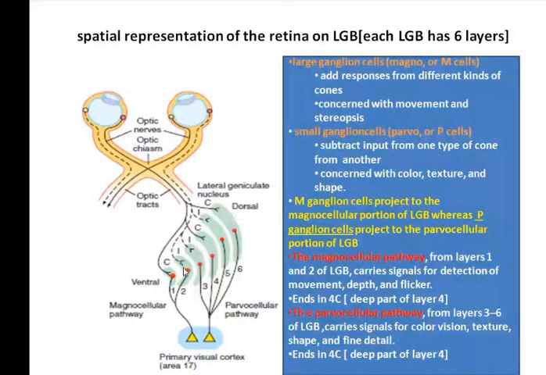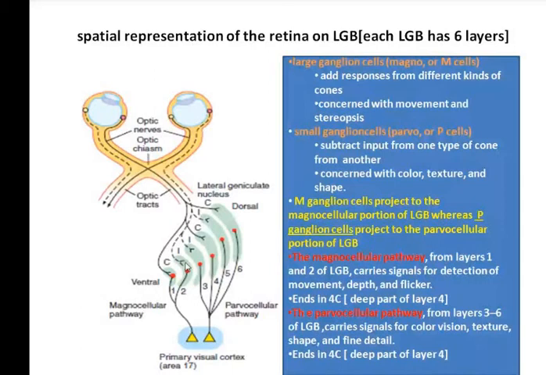The large ganglionic cells and the small ganglionic cells are coming from here, and depending on that, they terminate on the lateral geniculate body.